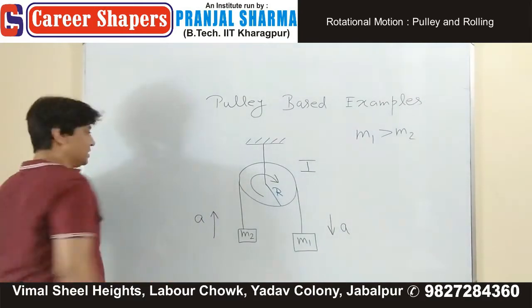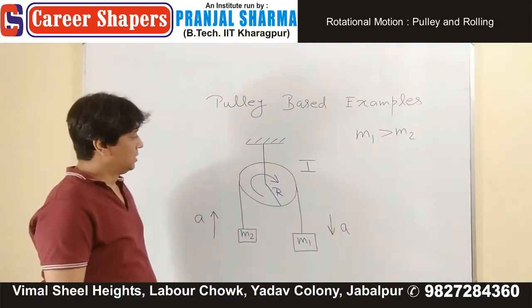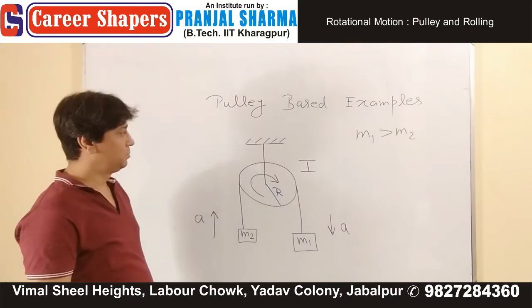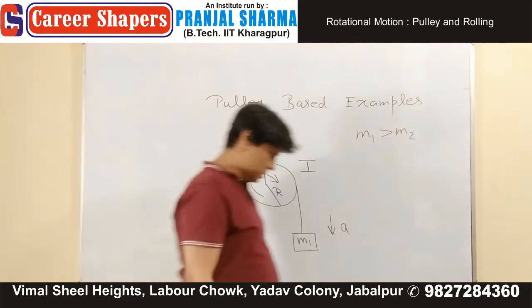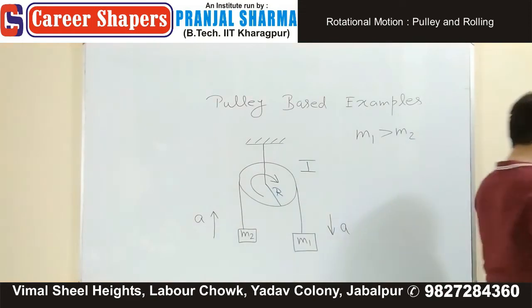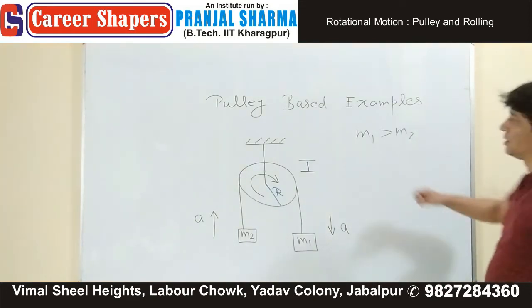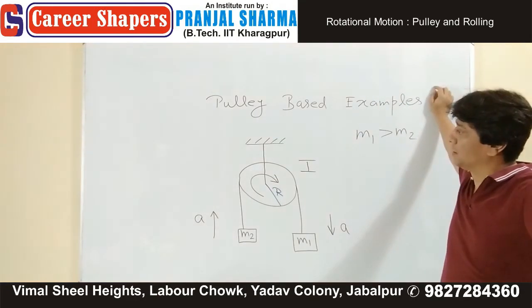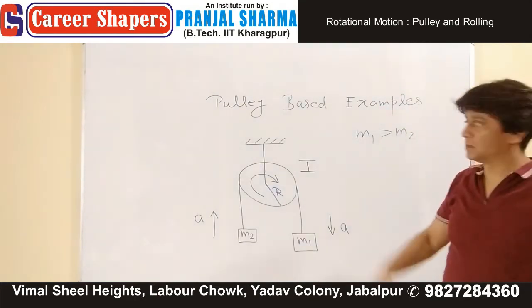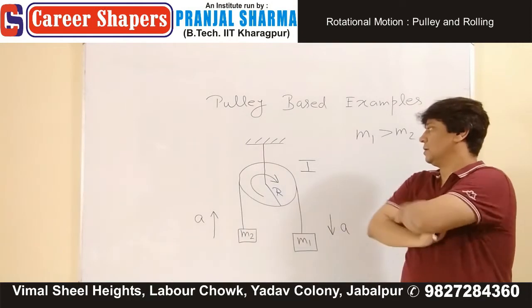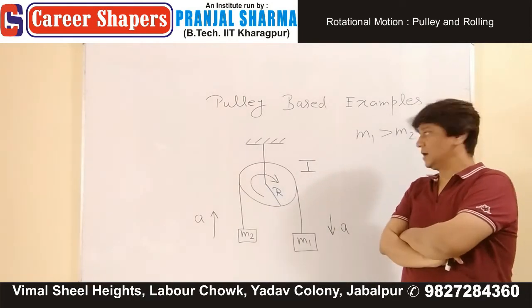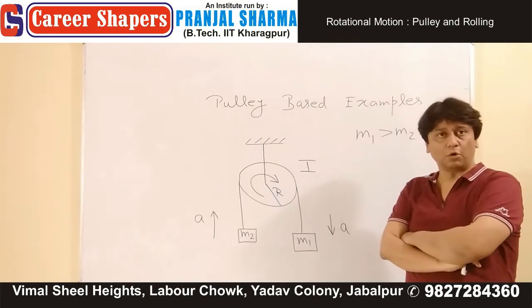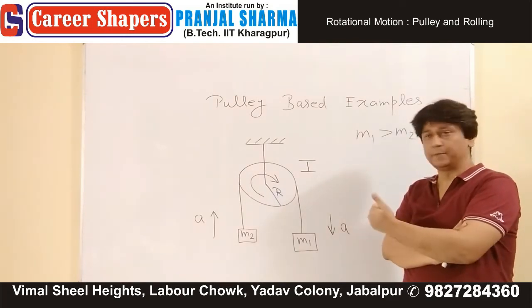Write down the statement. There is sufficient friction between pulley and rope, and because of that, rope does not slip.